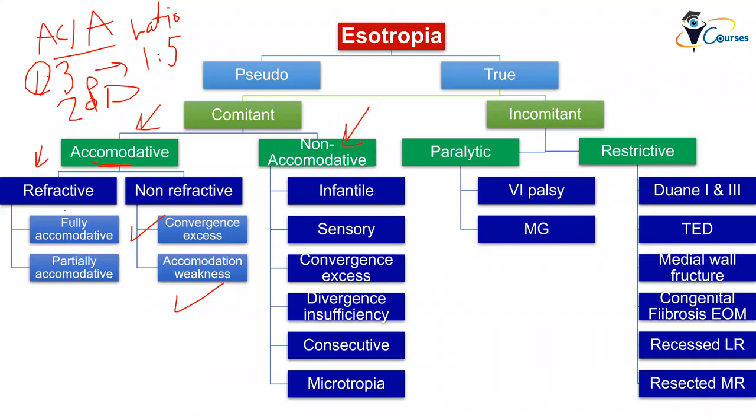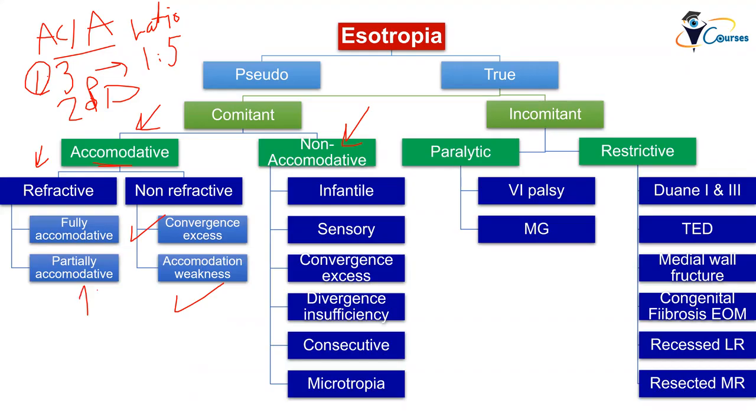Those patients who have refractive accommodative esotropia can be either fully accommodative or partially accommodative. What is the difference? The fully accommodative will have like +8 or +9. If they put glasses of +8 or +9, they will improve. The convergence will disappear and the esotropia will disappear.